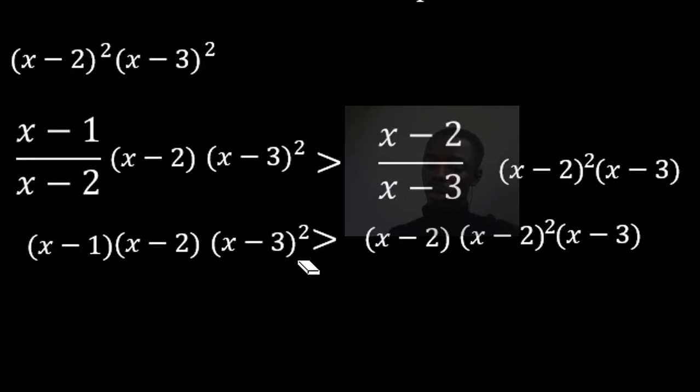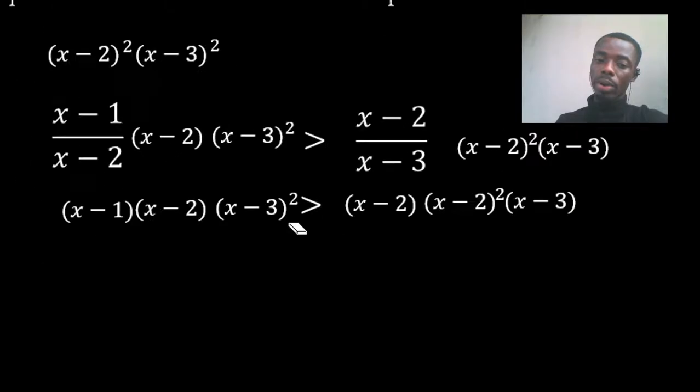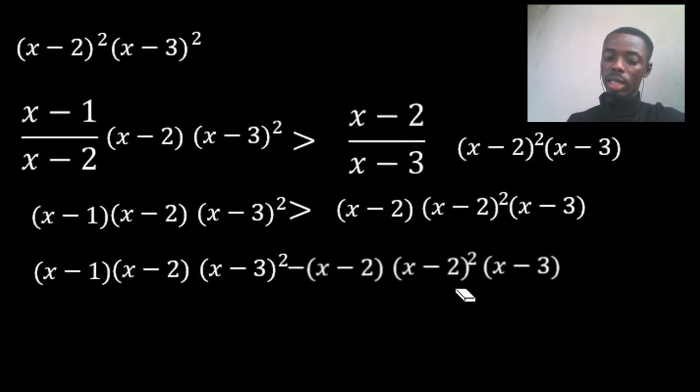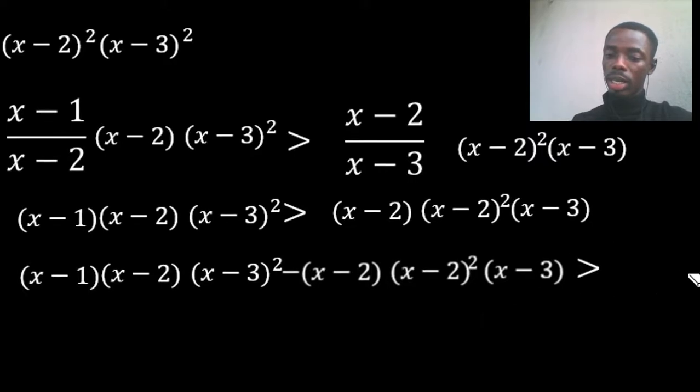So I need to rearrange. These values need to cross the inequality sign, and they are coming down with a negative sign. Then my inequality sign is down here.